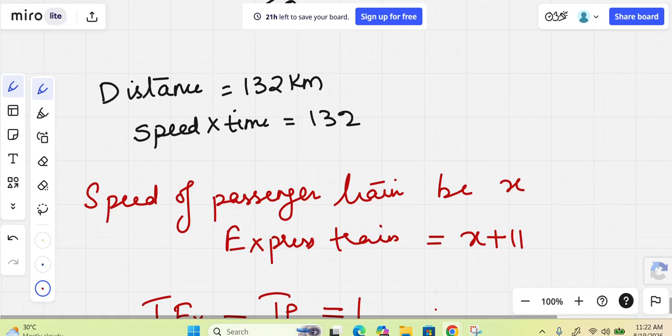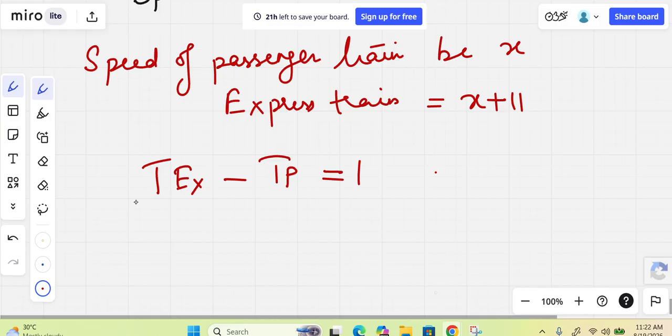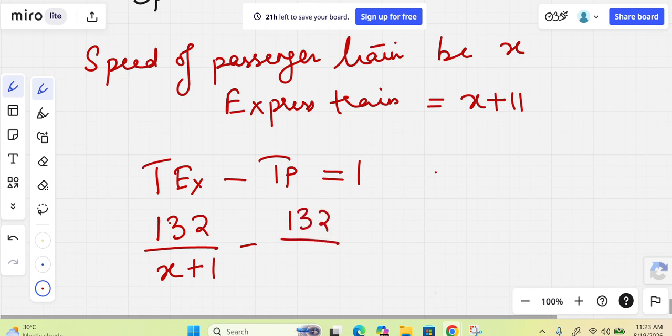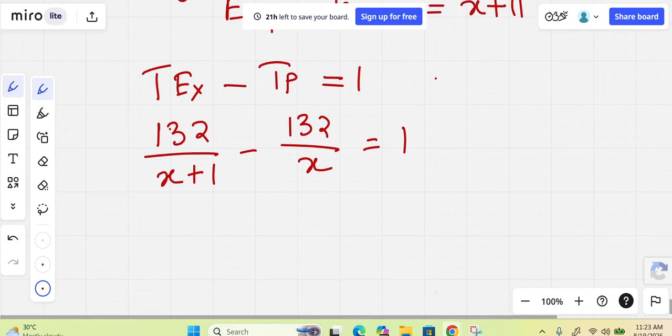Now, time we have, there is an equation we have got here: time of express minus time of passenger. So can we substitute time taken by the express train? Time taken by the express train will be distance divided by speed, and time taken by the passenger will be distance by speed. Isn't that easy to form a question?